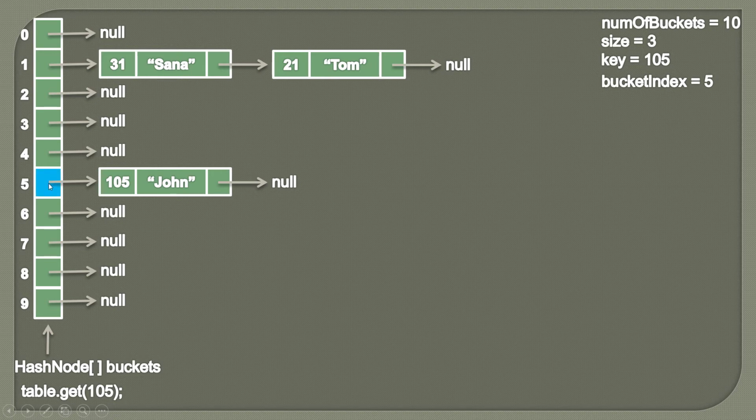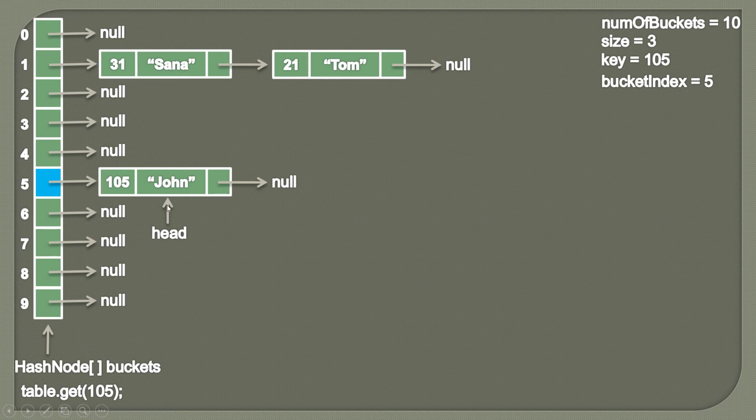So we simply access the hash node at index 5, and whichever node it is pointing to would be our head, because there can be multiple hash nodes in this list. The first node is usually our head. We point head to it, and now our task is to search for our key.